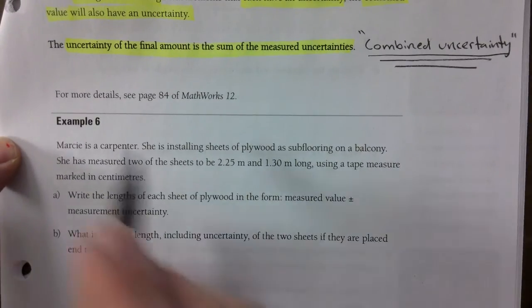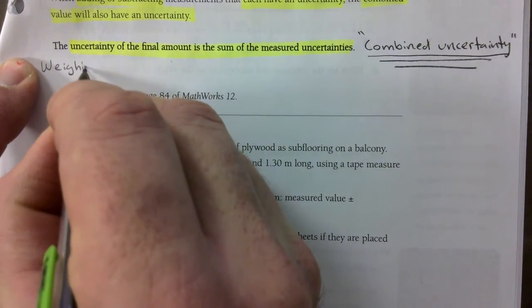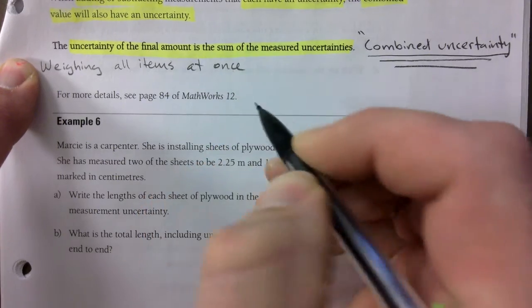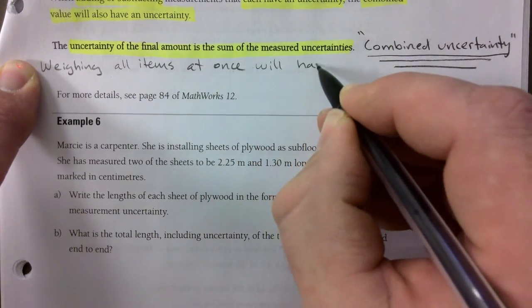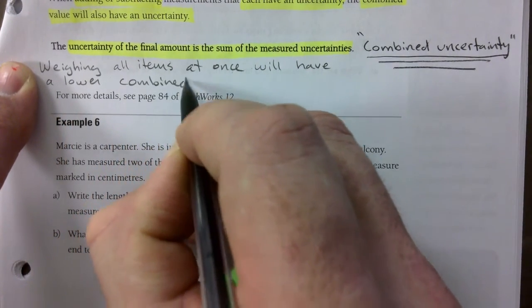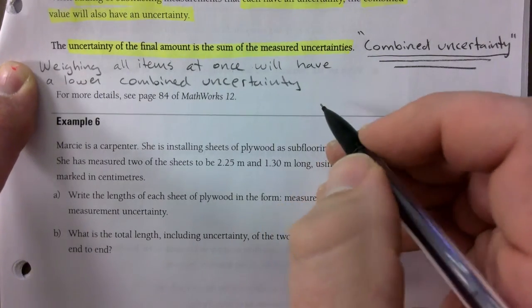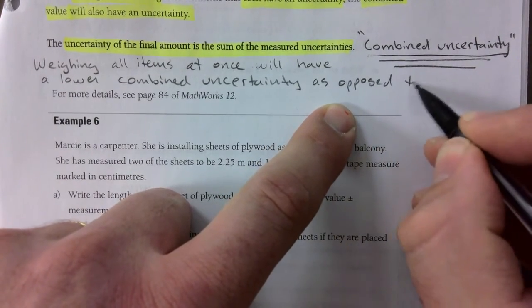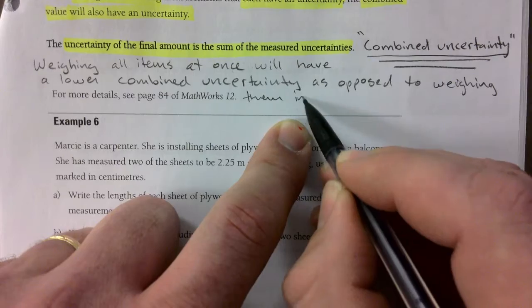I will add this note here for you. Weighing all items at once will have a lower combined uncertainty as opposed to weighing them individually.